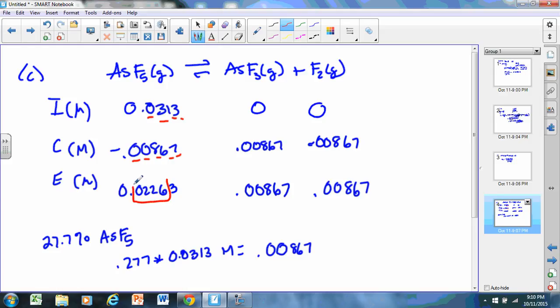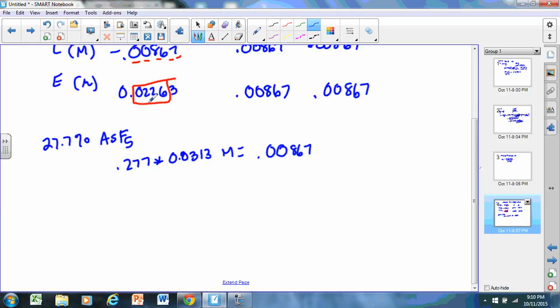So the best answer here is 0.0226. Now, what's the question? Calculate the molar concentration of AsF5 at equilibrium. The answer is this: the concentration of AsF5 at equilibrium is 0.0226 molar.